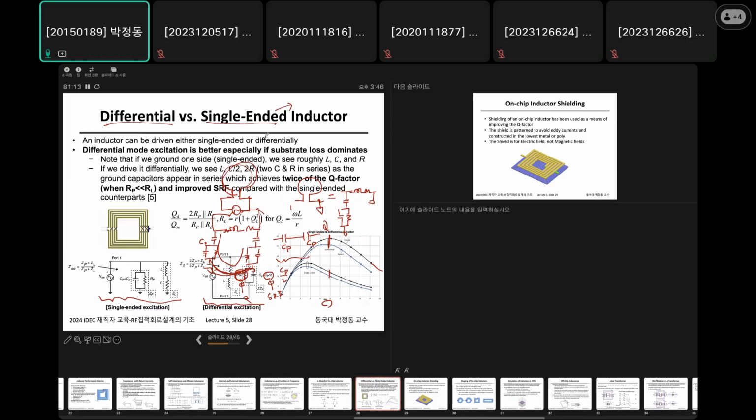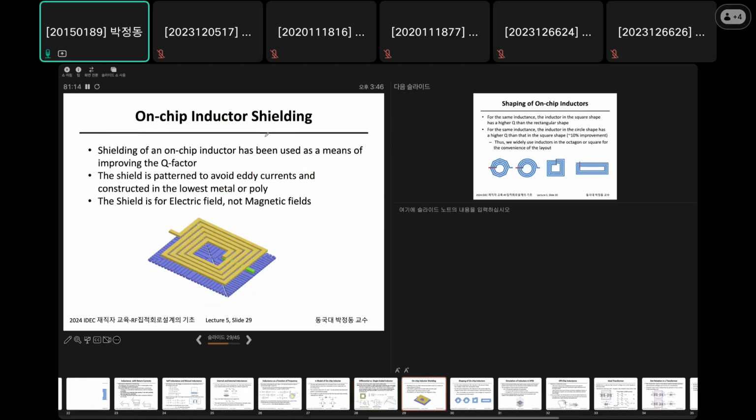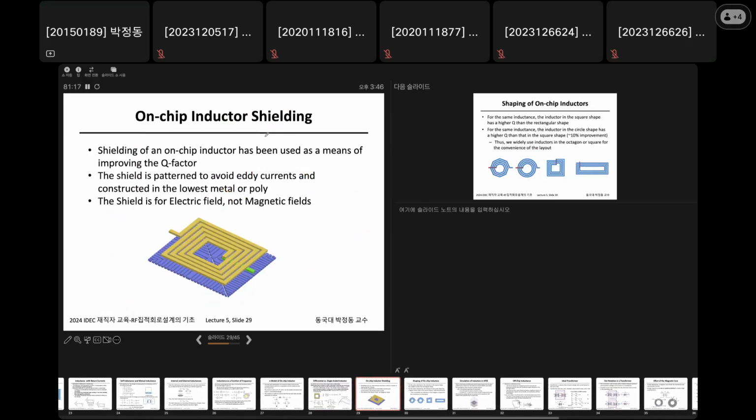Okay. And when it comes to shielding, right, it has pros and cons, okay? The advantage of this is to reduce eddy current, which will improve quality factor Q by 10%, okay?